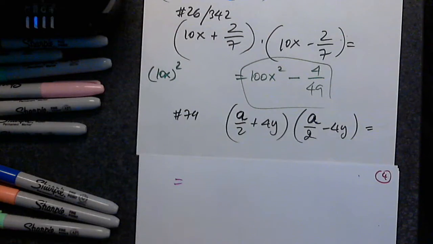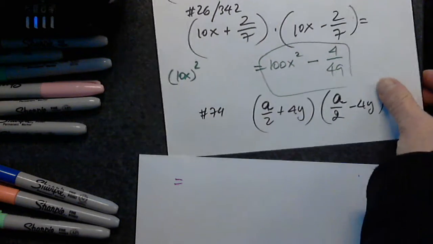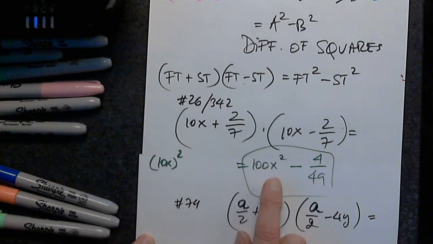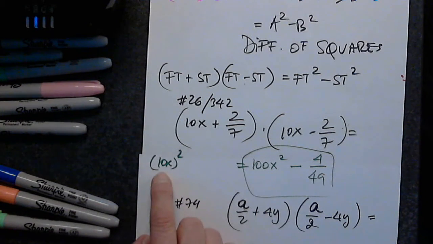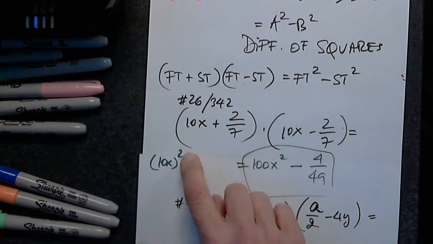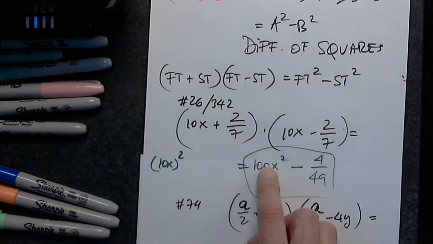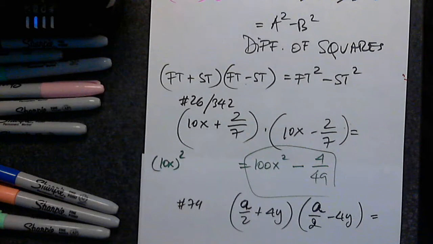Well, I got a question. Can we go back to the other one real quick for a second? I don't understand how you got 100x. Because you said the rule's first term squared minus second term squared, right? So the question is how we got this? Do you remember the exponential rules from last time, when I have a product to square? I have to square 10 and I get 100, and I have to square x and I get x squared. Oh, okay. That's the thing that was confusing me.